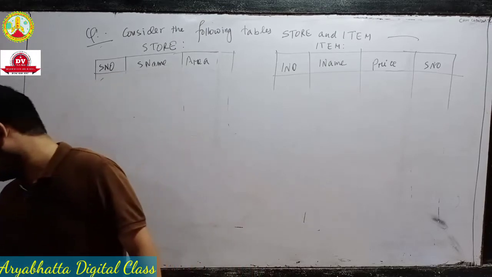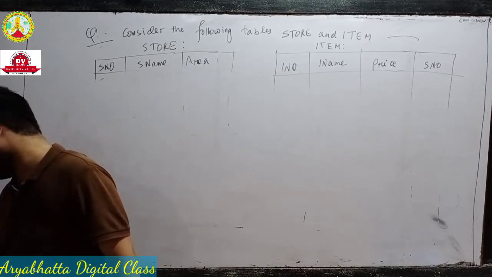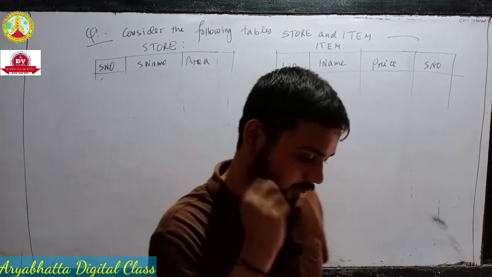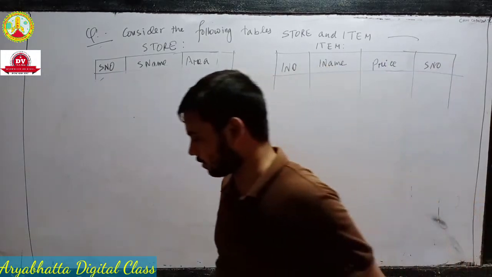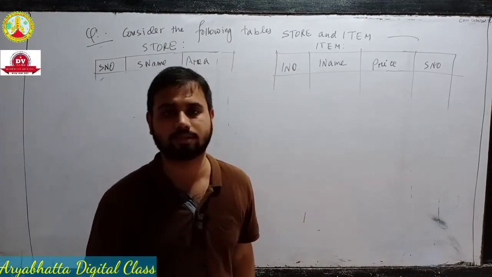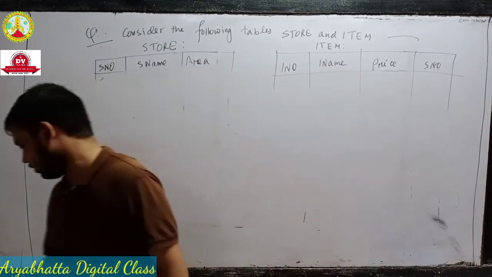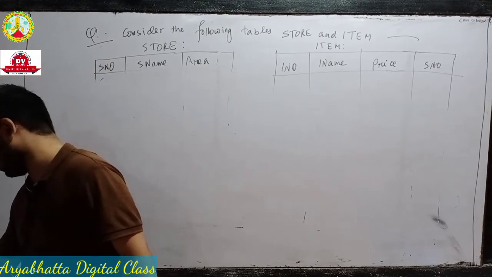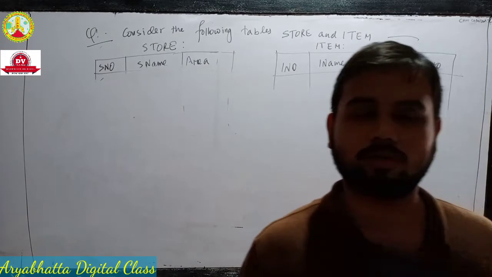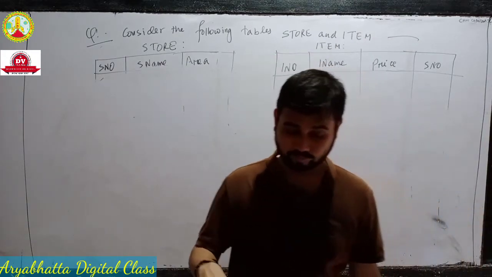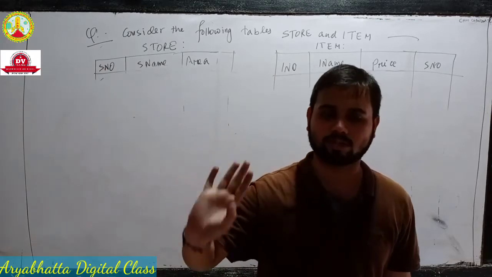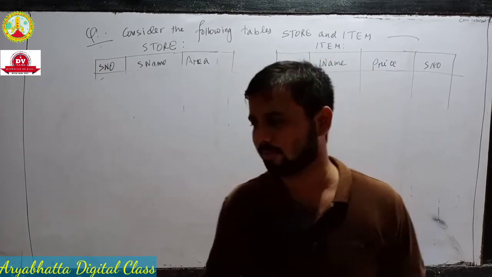The first query is to display item name and price of all the items in ascending order of their price. Means we have to make a query in sorted order, ascending through item price.